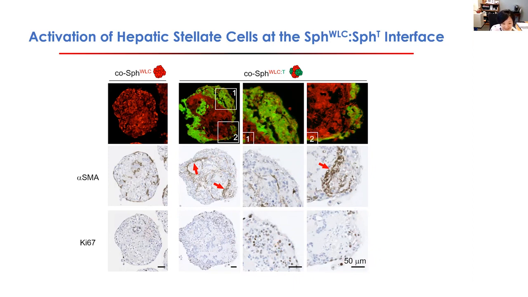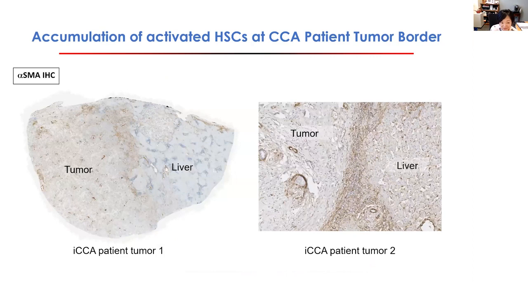We're excited to see this, because this is what happens in vivo in patients as well. These are two ICCs, intrahepatic cholangiocarcinoma patient tumors.